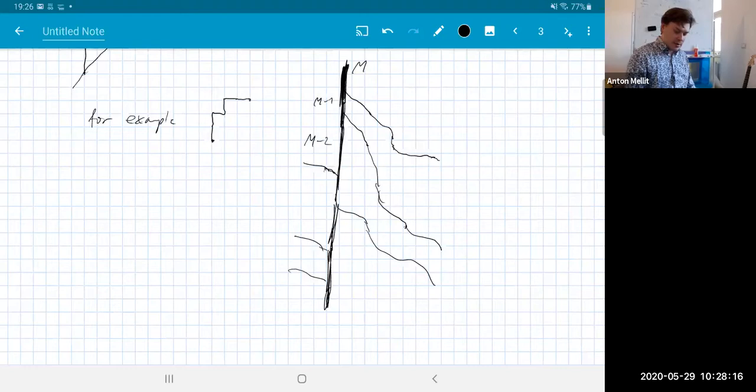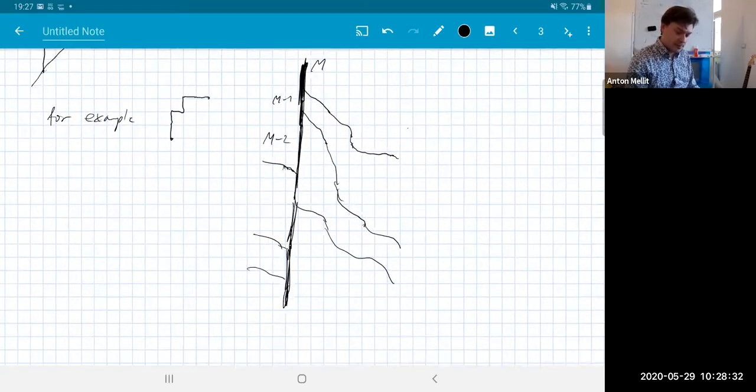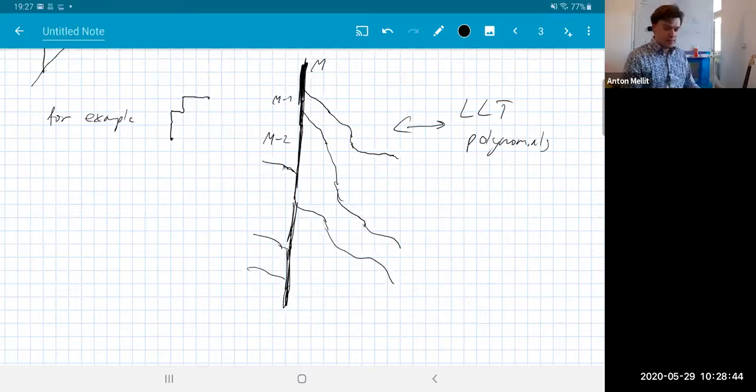You can see that you should think about it as a form in the annulus without intersections. And so this gives you the LLT polynomials corresponding to disk paths.